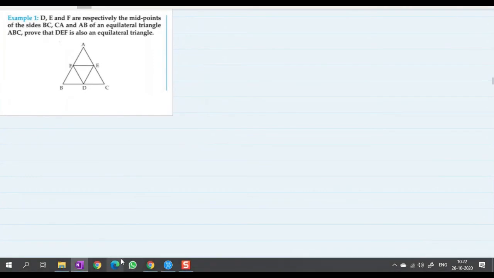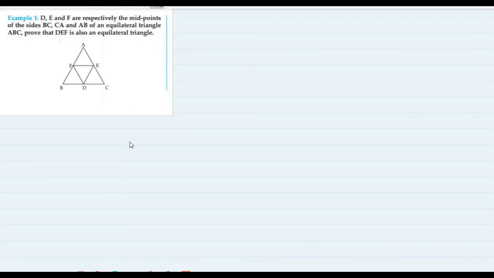D, E and F are respectively the midpoints of sides BC, CA and AB of equilateral triangle ABC. Okay, so this is an equilateral triangle ABC. We can write given: triangle ABC is equilateral.